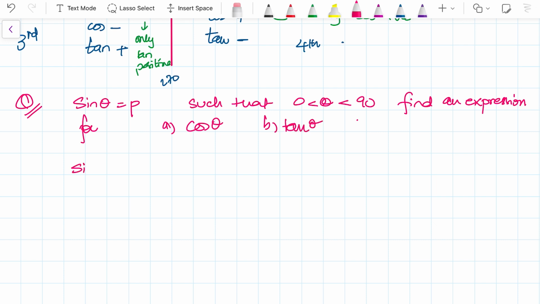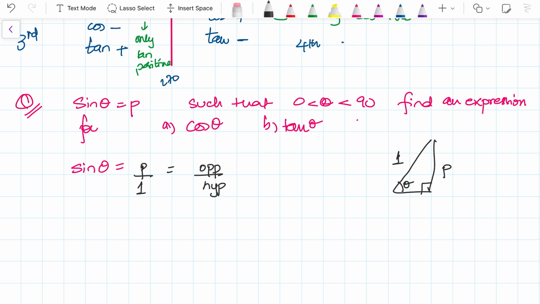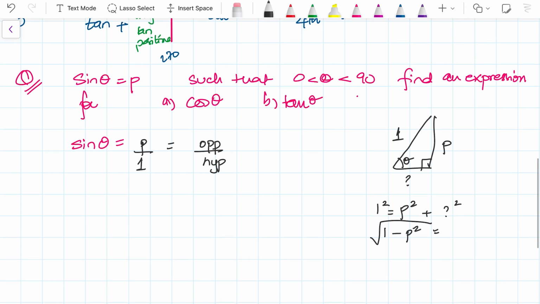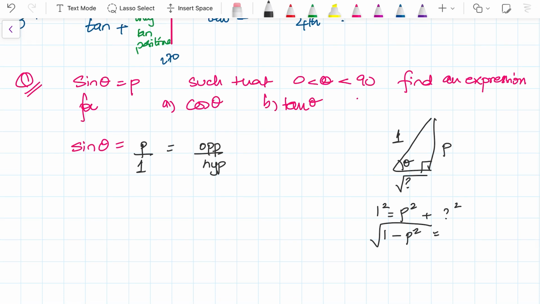Okay, so we know that sine theta is p upon 1, because there is nothing in the denominator. Can I say this is opposite and this is hypotenuse? If I draw a right angle triangle with respect to theta, this is opposite and this is hypotenuse. Using Pythagoras theorem, I can find this value, which is going to be the square root of 1 minus p square.